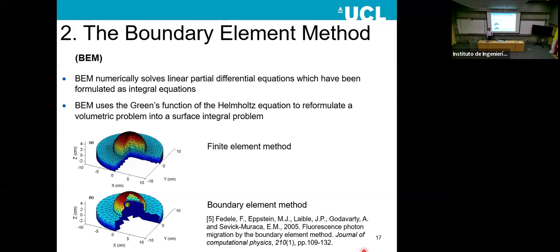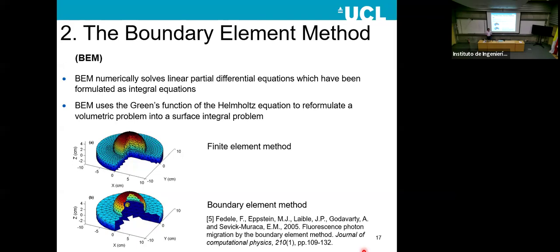So who here is familiar with the boundary element method? I know these two people are. Okay, right. So the boundary element method essentially solves linear partial differential equations, and to do so, you reformulate these as integral equations.